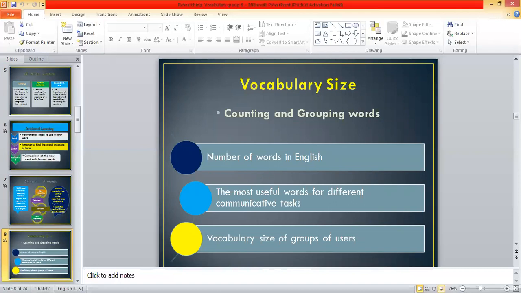That means in a certain group of people, how many words they know, for example younger learners, adults or young adults. At the age of 5 or 6, how many words do they know? That sort of thing is what we have to think about regarding vocabulary size.